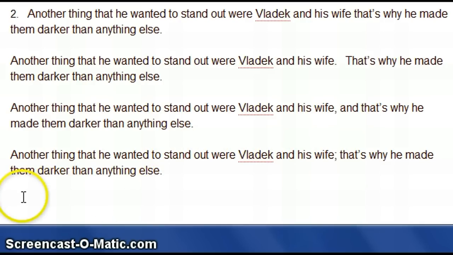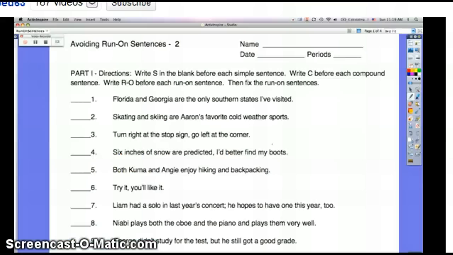And then lastly, and this is probably the way that I correct it the least amount of times. I don't really use a lot of semicolons in my writing, but it's a very fair way to correct the problem as well. Another thing that he wanted to stand out were Vladik and his wife, semicolon. That's why he made them darker than anything else. All three of those are very acceptable ways to make your writing better and to avoid those run-on sentences.